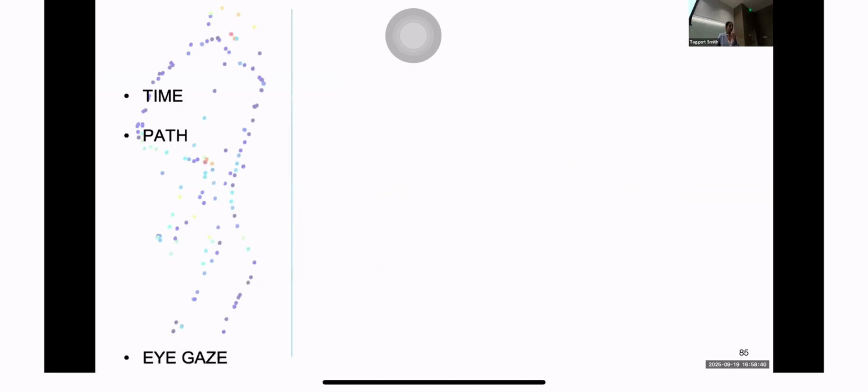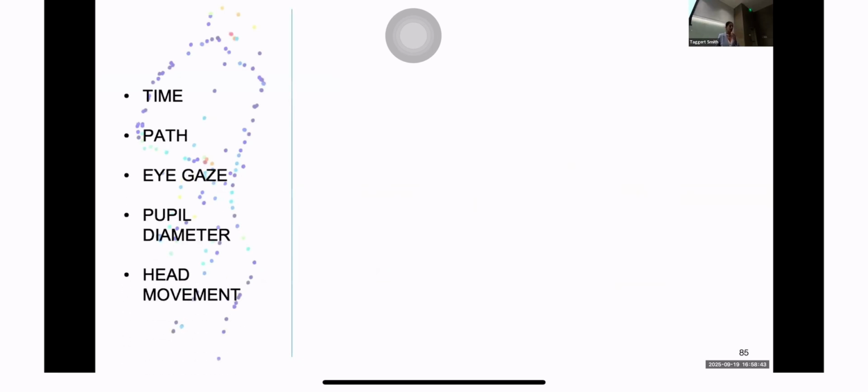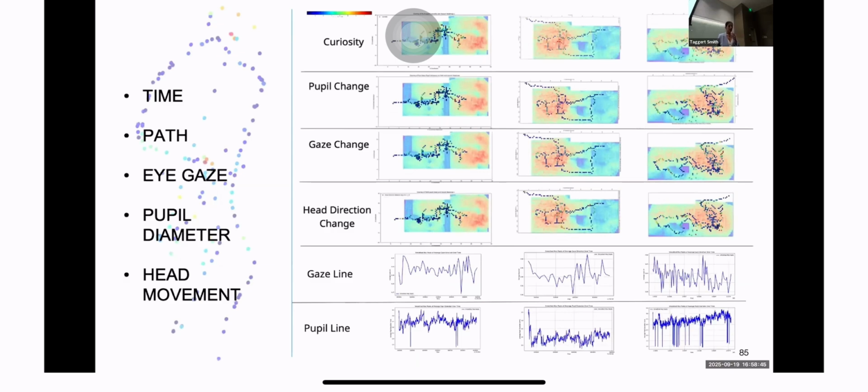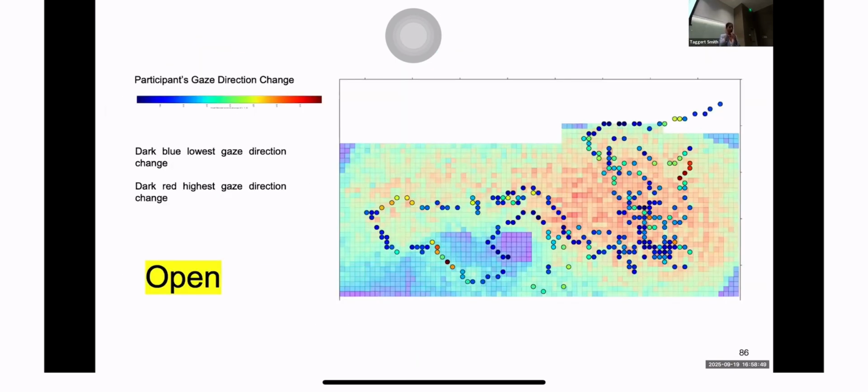We track time, path, eye gaze, pupil diameter, and head movements. I'm going to go over one of these data, which is participant gaze direction change. That's how we map them on the isovist heat map. With the gradient, you can see that the dark red spots are the highest gaze direction change, and the dark blue spots are the lowest.